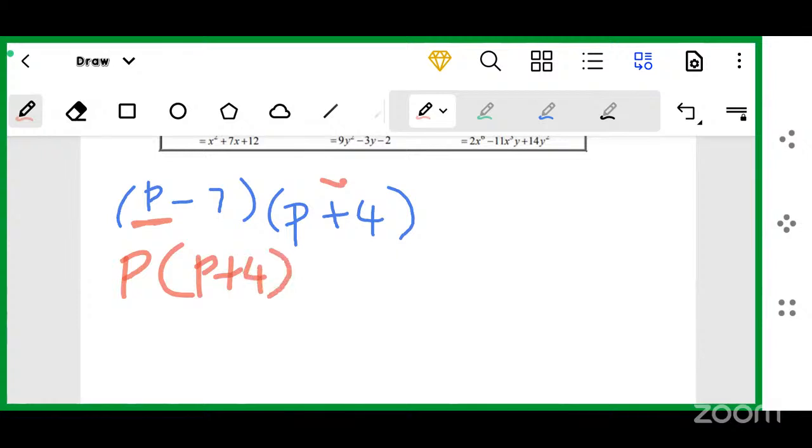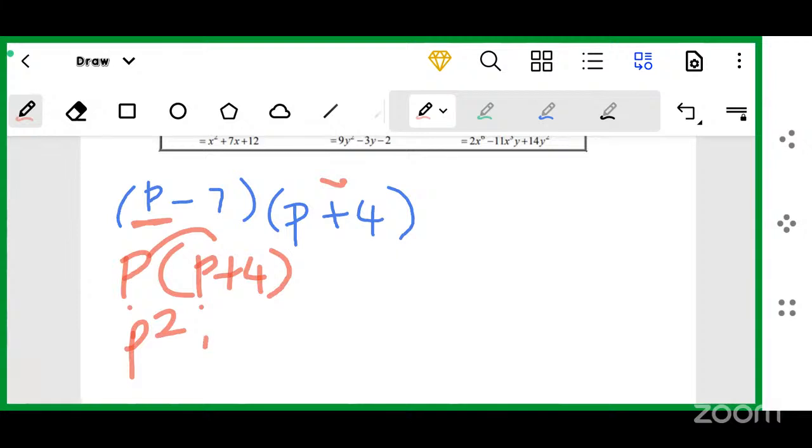And then p multiplied by p, what do we get? P to the power 2, or p squared. And what is p multiplied by 4? 4p, ma'am.